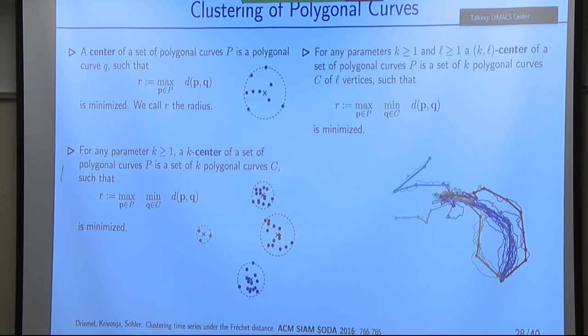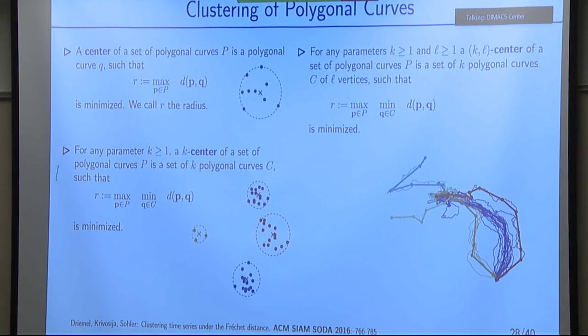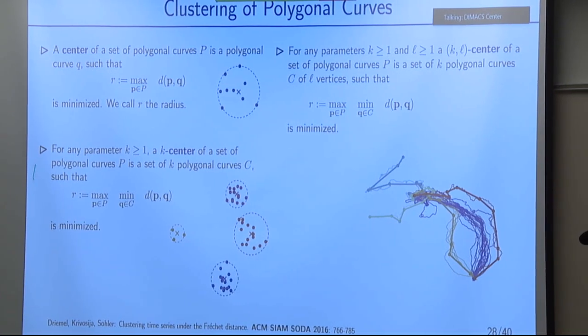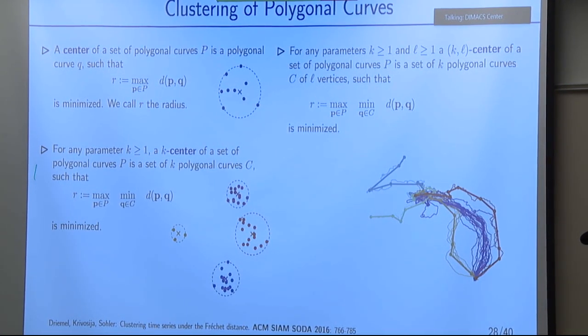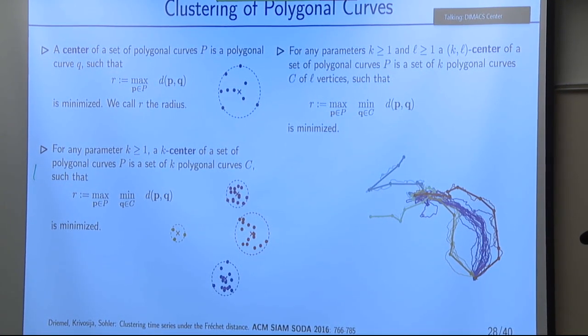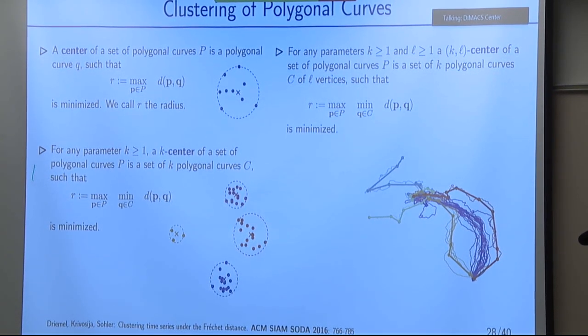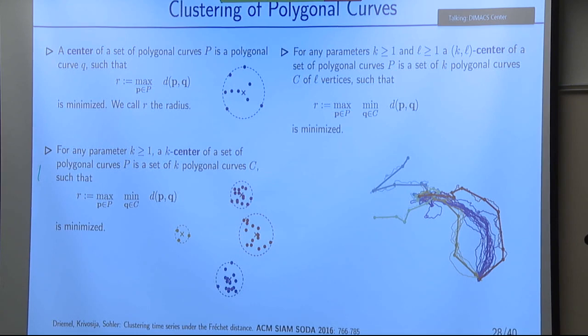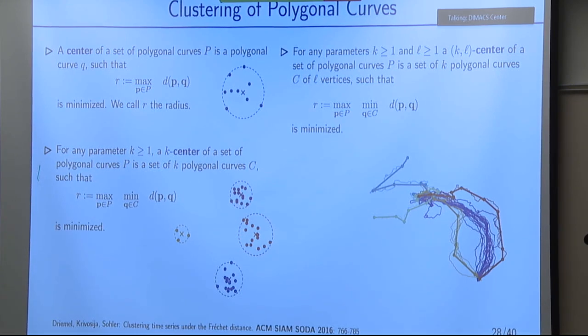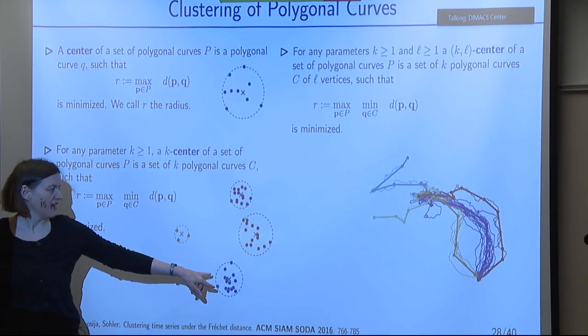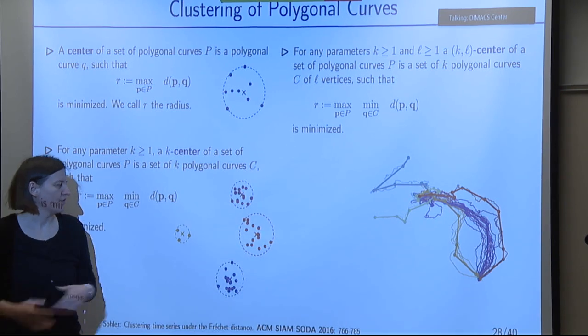We want to cluster them, so why not look at the K-center, which basically tells us what is the smallest radius that I can use to cover my data set with k balls of radius r.